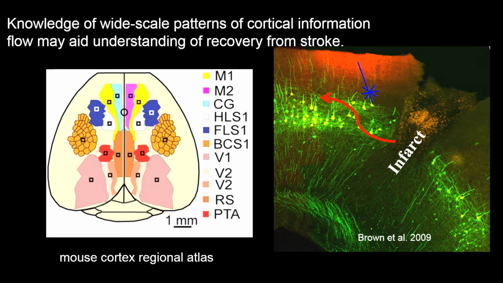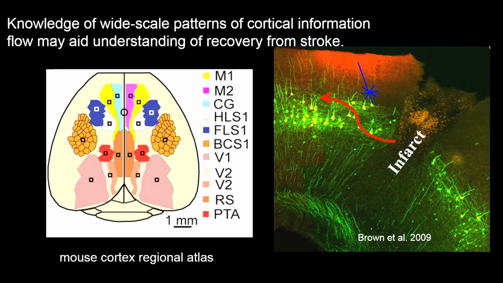And basically, our interest is in what happens after there's a spontaneous or experimentally induced infarct in the mouse brain. And so, of course, some tissue is going to die, but there's lots of surviving circuitry.